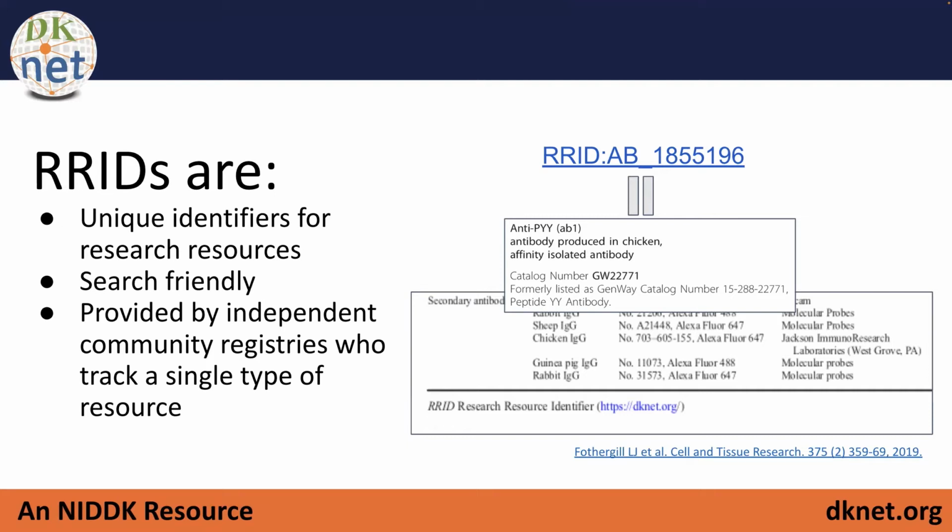The format for an RRID is very simple. The first part, RRID colon, is what type of identifier it is. The AB underscore means this comes from the antibody registry, and then the 1855196 is the identifier from the antibody registry. This way, we're able to federate identifiers from a number of different community authorities and use those to unambiguously identify, for example, this antibody in the literature.